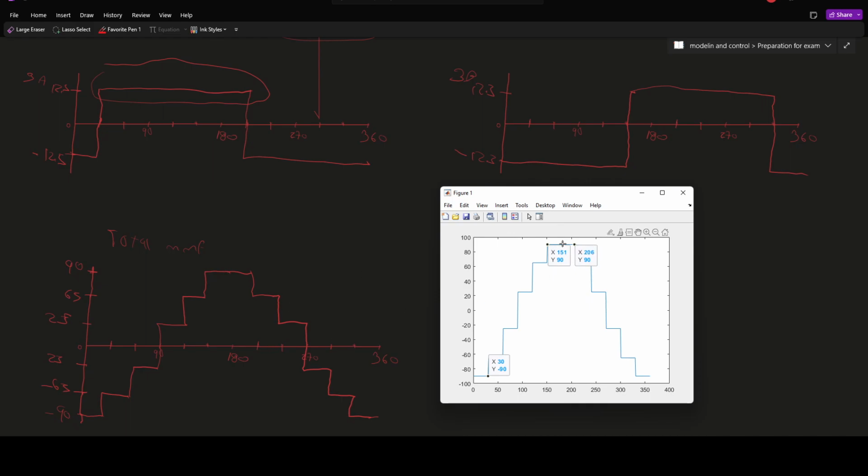Well, 180 will be around here. It's gonna be 90. Okay, we know that it's negative for this side. Okay, so I hope this helps. That's it.